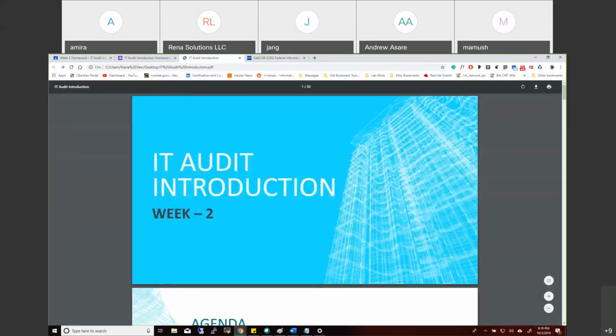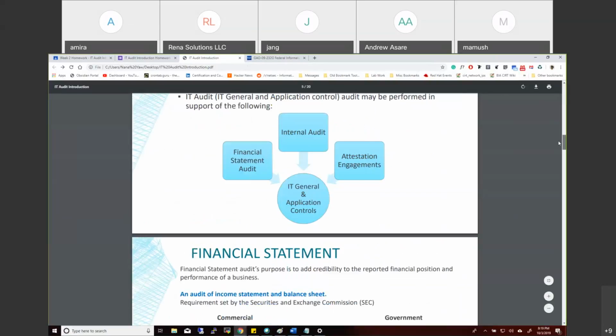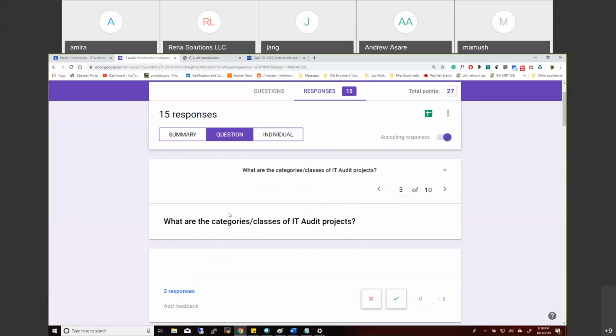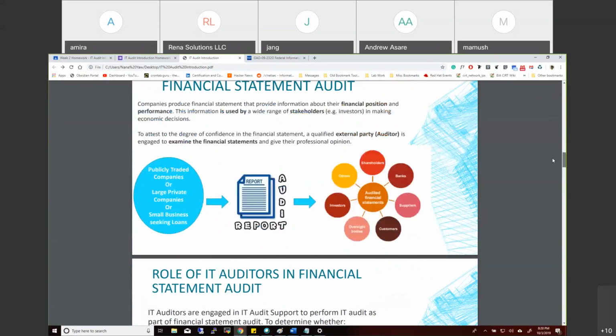No, it wouldn't be, because when you start talking about frameworks and stuff like that, you're talking about the particular project. The question is, what are the categories or classes of IT audit project? Another way to word the question is, what are the different groups that the IT audit projects fall under?